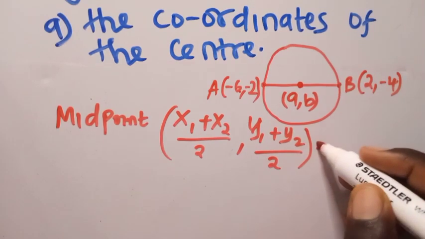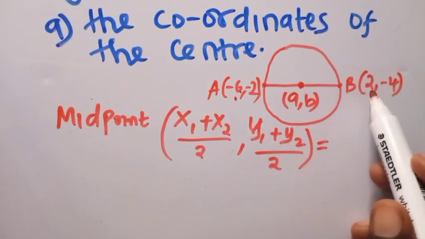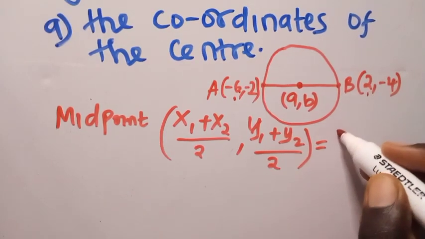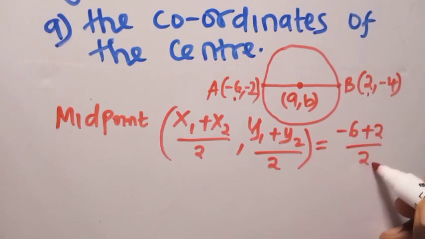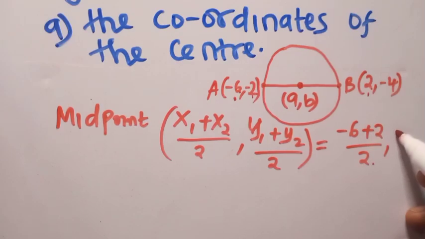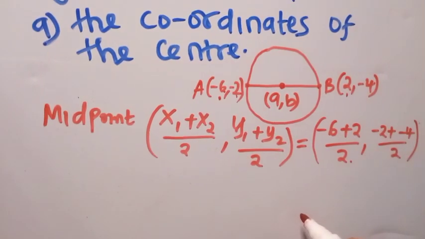Now, that means our x1 is -6 and our x2 is 2. Therefore, we shall have -6 plus 2 divided by 2, then comma, -2, which is y1, -2 plus -4, then divided by 2. And that is how we can find the midpoint of this.